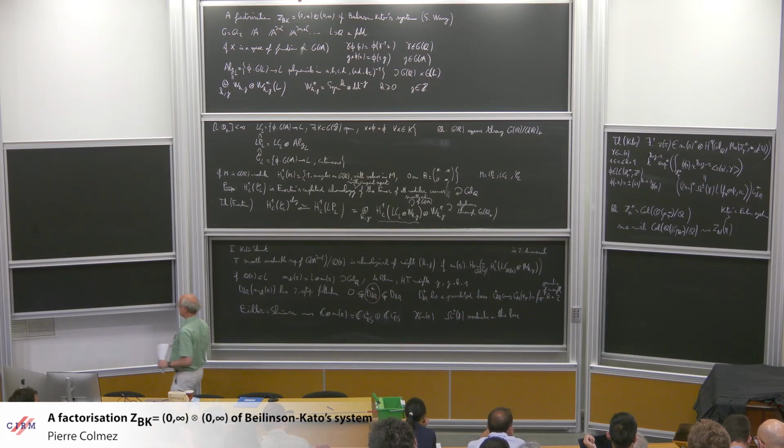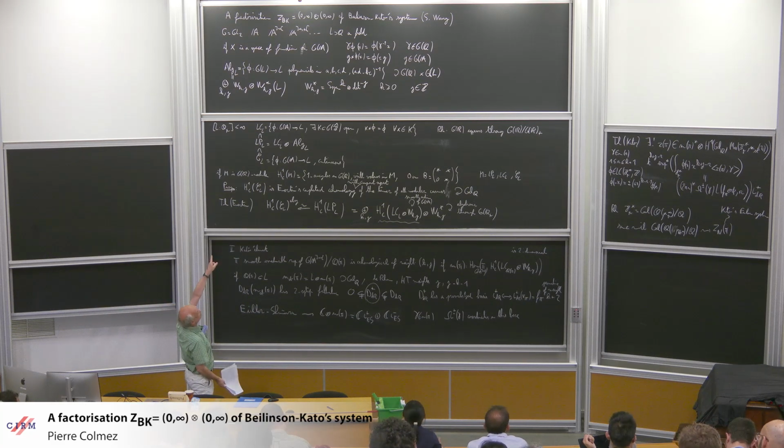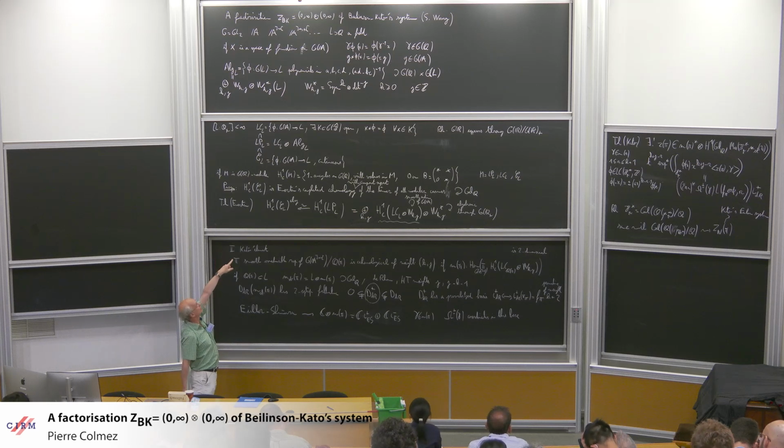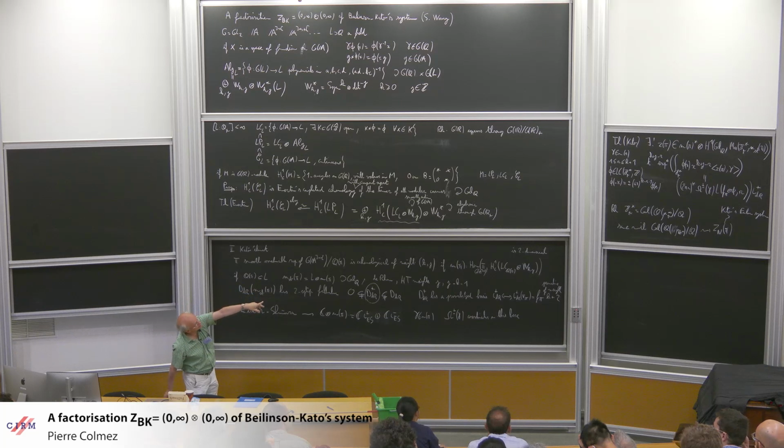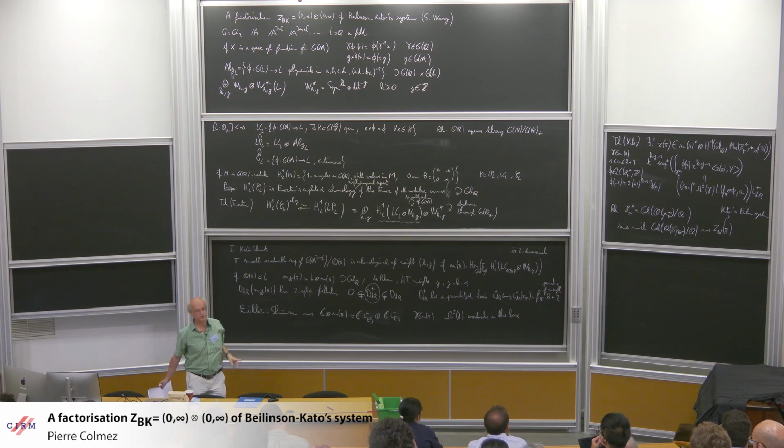Now the second part is going to be, so in my title I have a factorization, z_{Beilinson-Kato} equals z_{0,∞} tensor z_{0,∞}. So this one is closely related to z_{Beilinson-Kato}, sorry. And I'm going to introduce z_{0,∞} now.